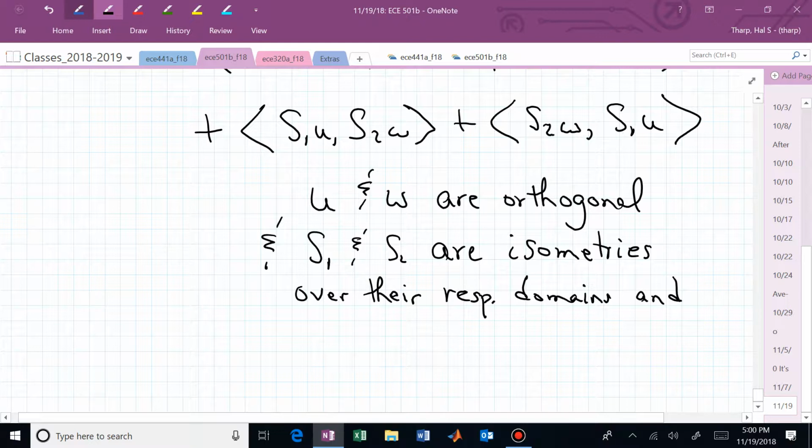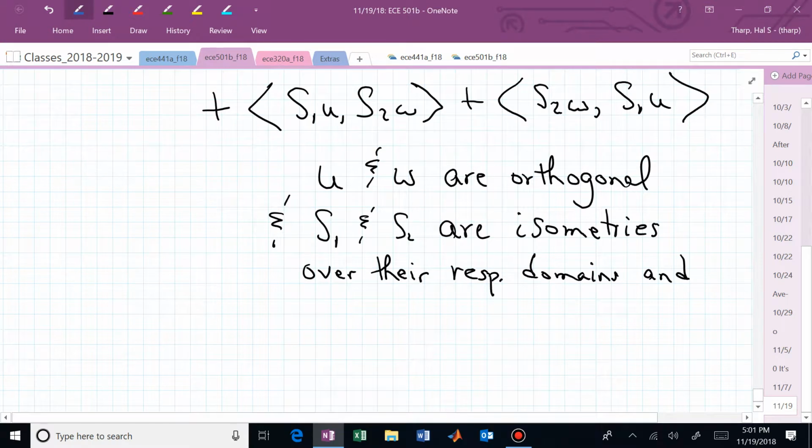and because of that they preserve, what do they preserve? They preserve orthonormality, actually. So if you give me an orthonormal vector, or a list of orthonormal vectors, and I operate on all of those with an isometry S, that second list will be orthogonal. So they preserve orthonormality.